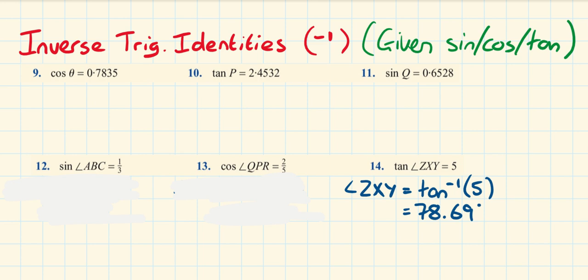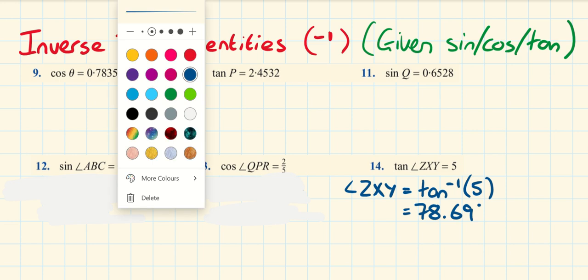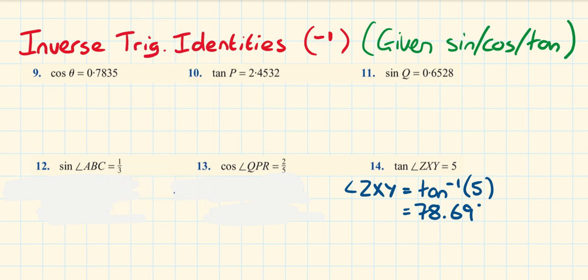Okay, so here what we've got is cos theta, theta is generally the letter used for an angle, is 0.7835. So we need to use the inverse trigonometric function when you're given it. So if cos theta is this, theta is cos inverse, or cos minus 1 of 0.7835.